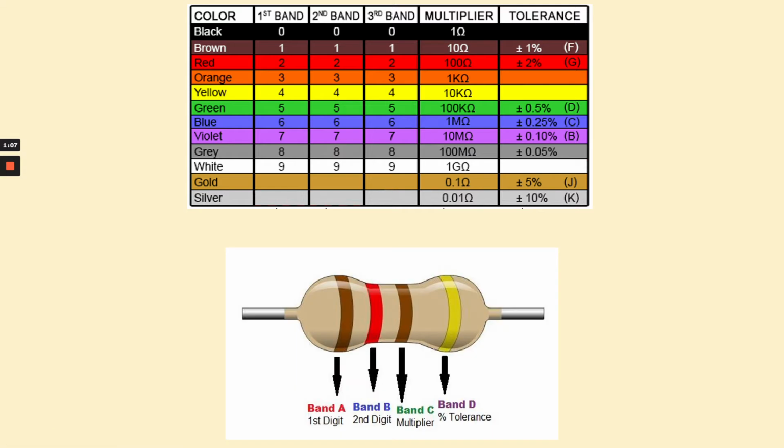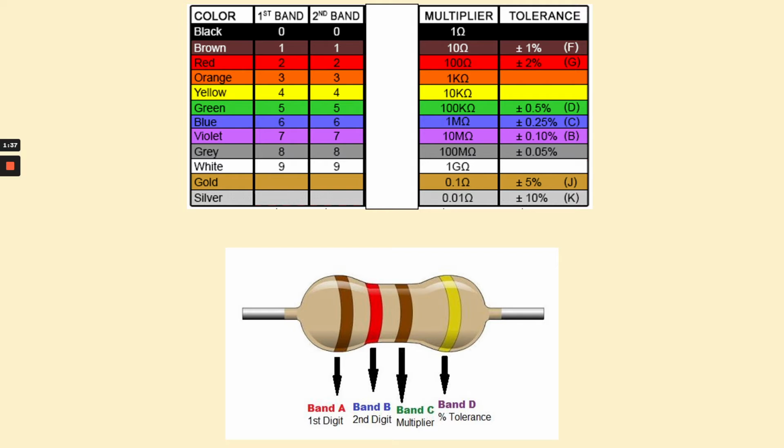So all of our resistors have 4 different coloured bands. The first one on the left is band A, so the first band. The second band is the third column. The third band, this is where it gets a bit confusing. Because we've only got 4 bands on this resistor, we need to ignore this band in the table.